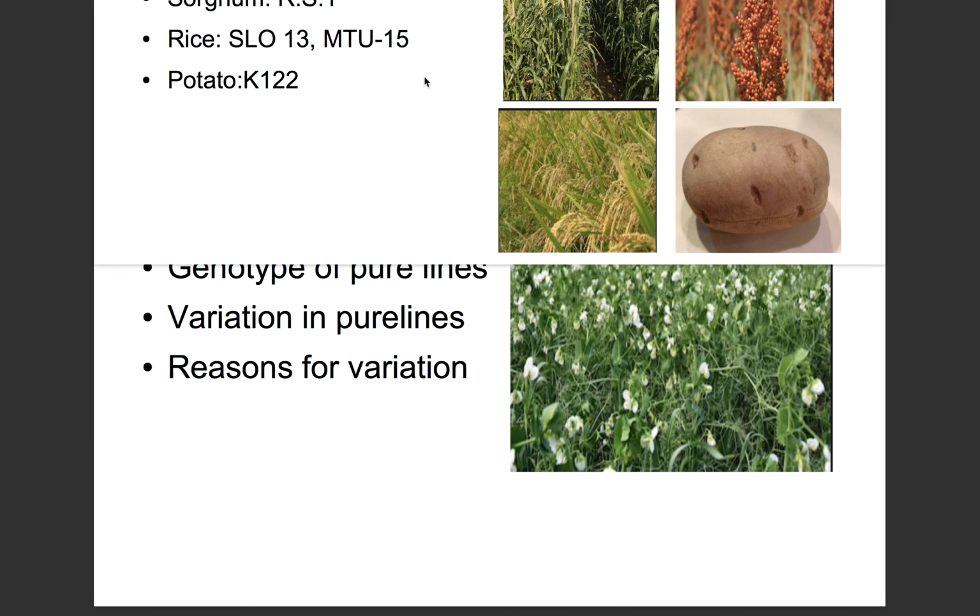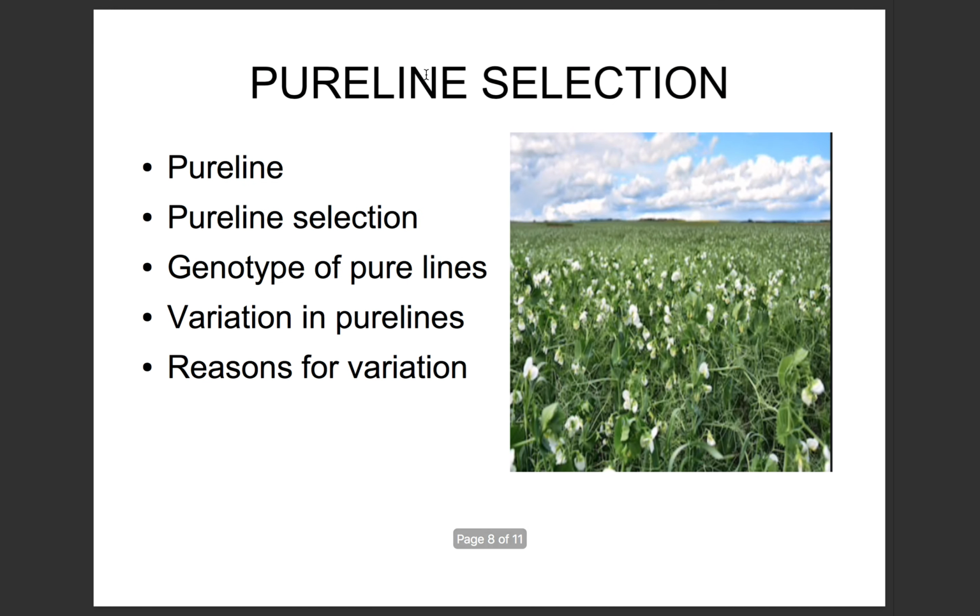And now, if we see the next method of selection, that is pure line selection, which is mainly practiced in case of self-pollinated or autogamous crops. A pure line is nothing but a progeny of a single homozygous plant of a self-pollinated species.